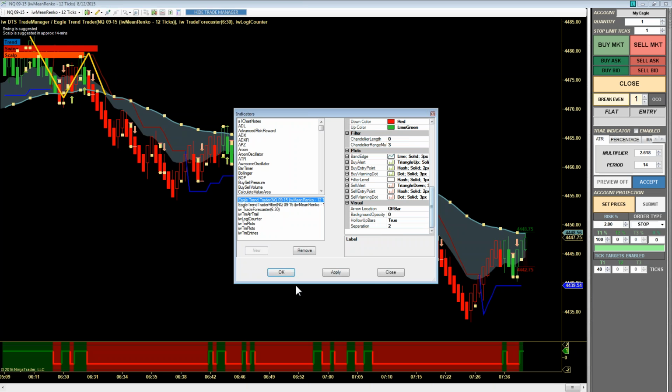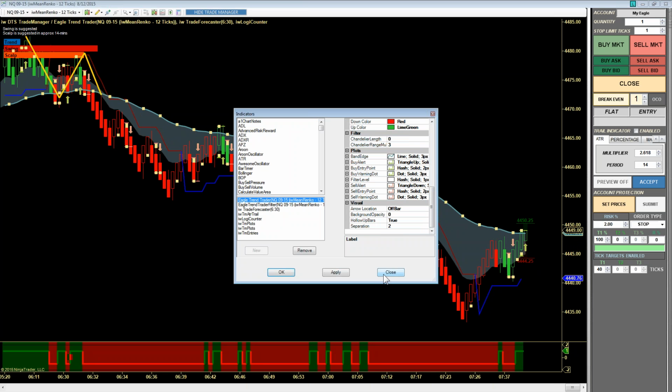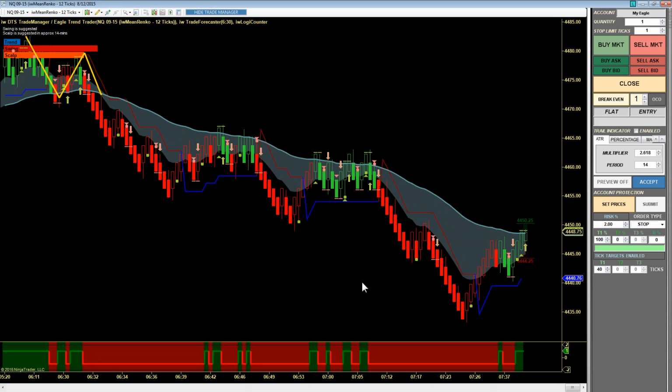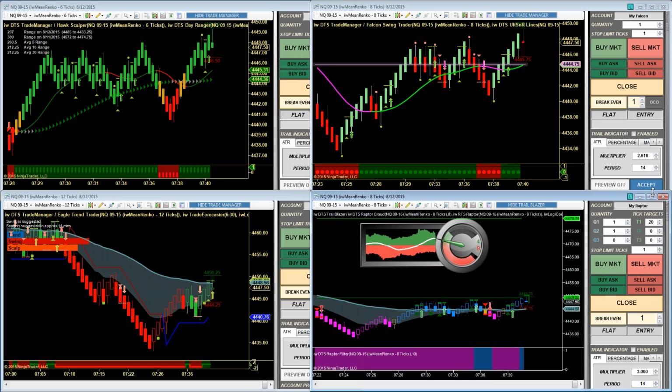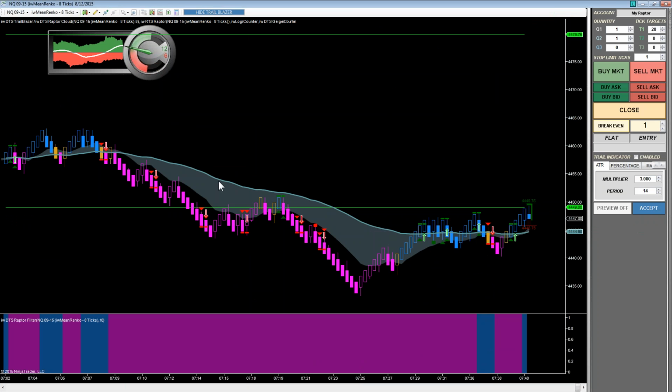The Raptor allows me to change the cloud size a little bit, but the Eagle, it's all preset. On the Raptor, I've been working with an 8-tick cloud at the moment, and that's mostly due to Ricardo's research on the Raptor. Ricardo's actually running a double cloud, an 8 tick and a 10 tick, so I might be incorporating that also. I'm really liking the results that he's getting off of those.